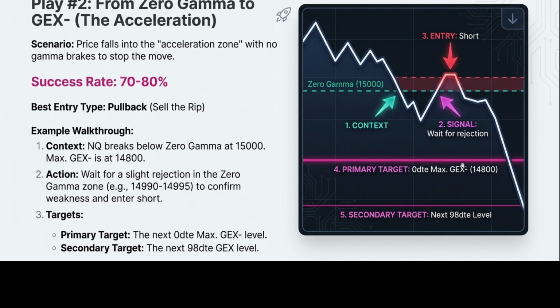And then you see the max Gex negative level at 14,800. Okay, and as in play 1, you have two types of target, the 0 DTE and the 98 DTE. You can take or close your position here at the primary target or at the secondary target.